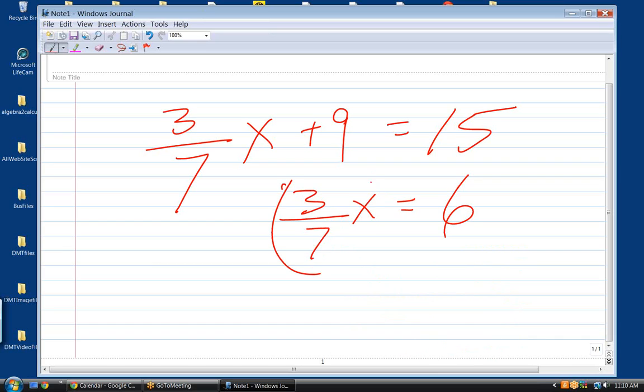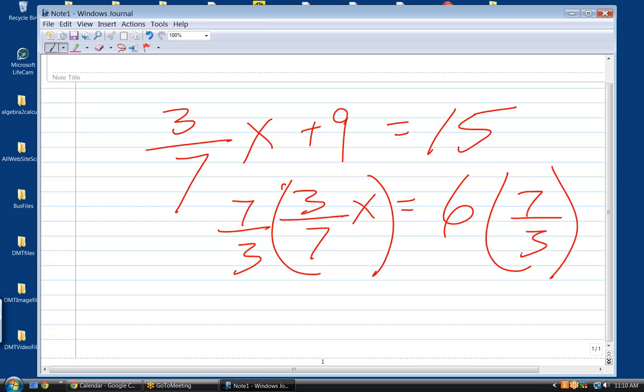And that's if I multiply both sides of the equation by the reciprocal, it gets rid of that 3/7 in 1 step, not 2. Notice that on the left side, the 7s cancel and replace with 1s.